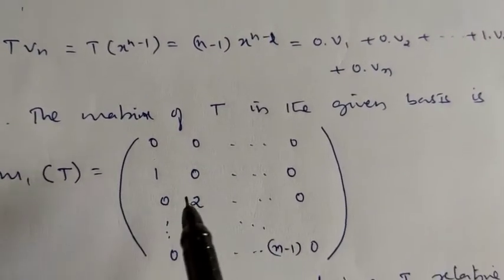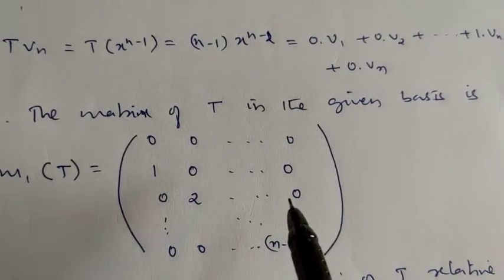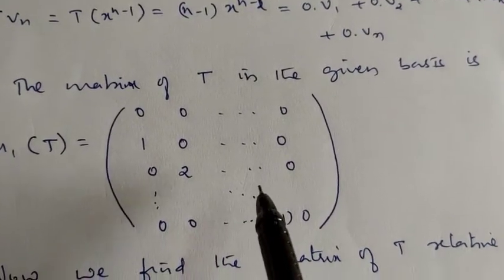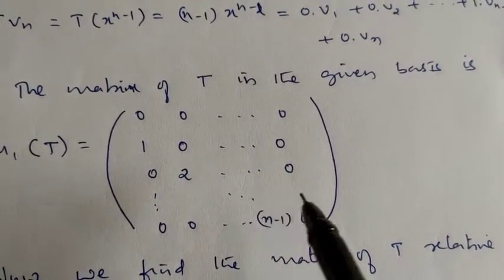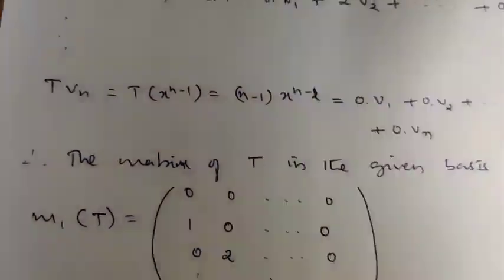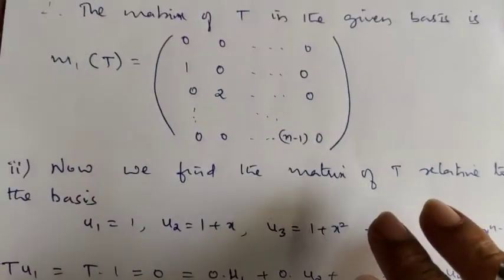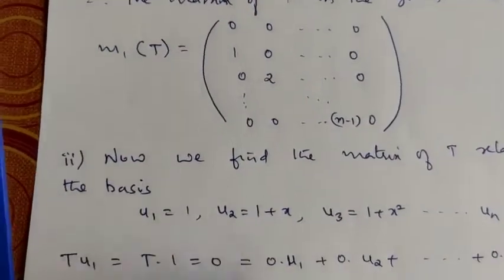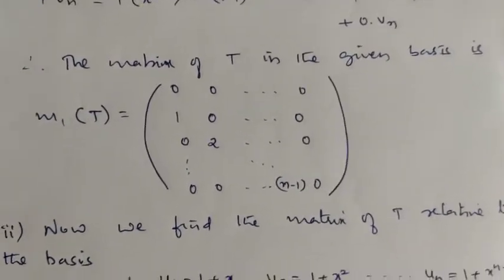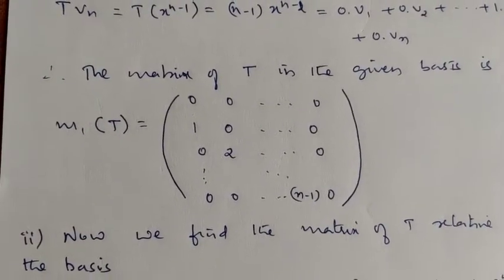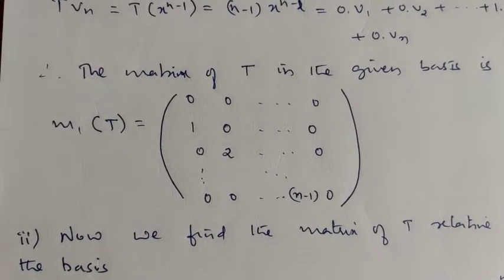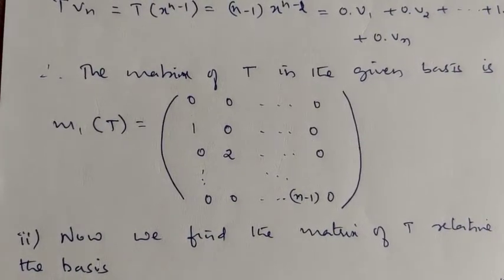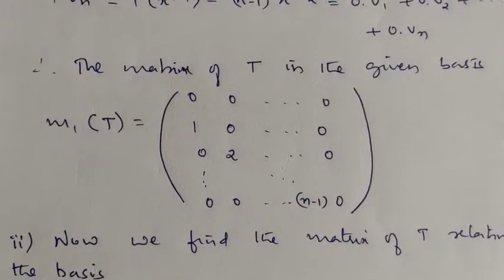Every property of a transformation T is hidden in this matrix. Suppose they give some transformation and you are asked to verify whether that transformation is invertible or non-singular. Finding the inverse of a transformation is very, very difficult.